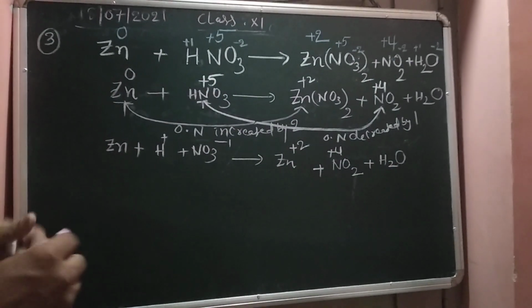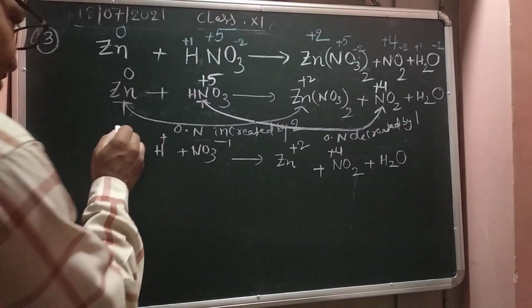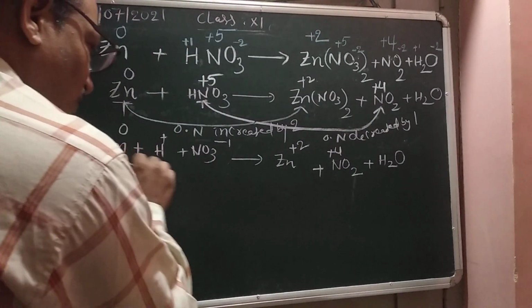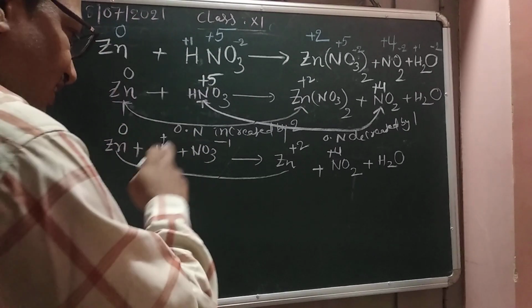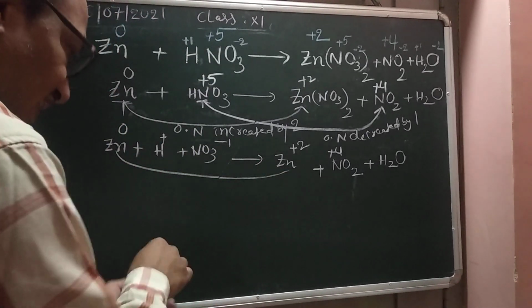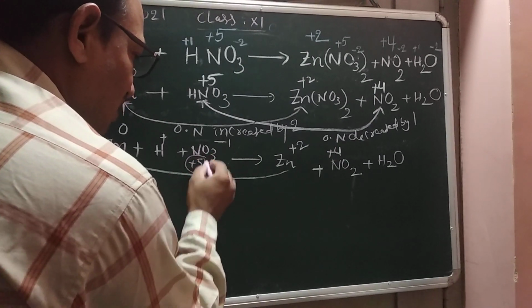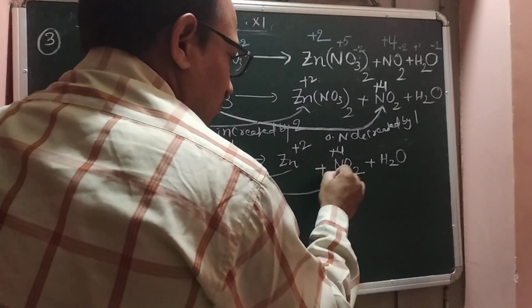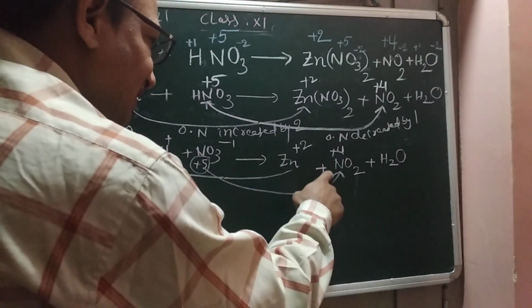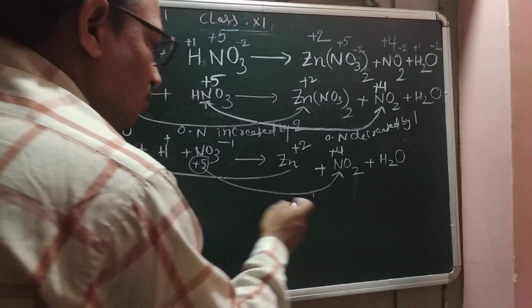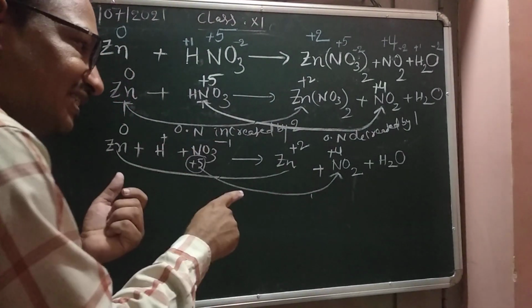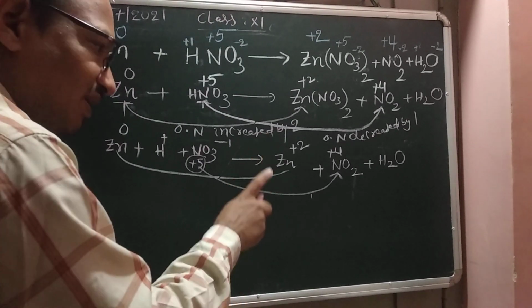So here once again I will show 0 to +2, oxidation number is increased by 2, and nitrogen oxidation state +5 to +4, oxidation number is decreased by 1 here. So to balance, the increase in oxidation number and decrease in oxidation number should be balanced.